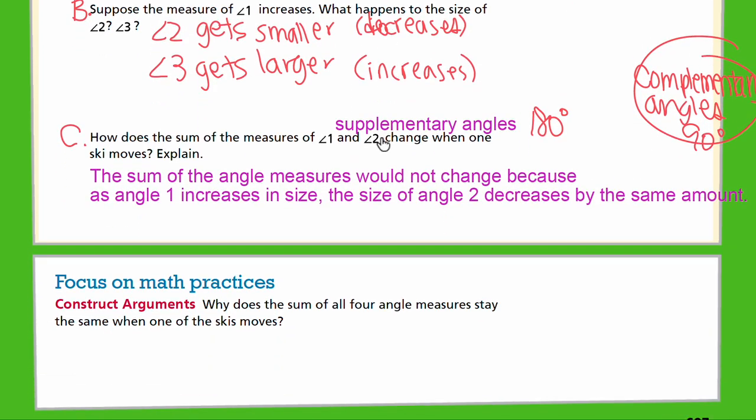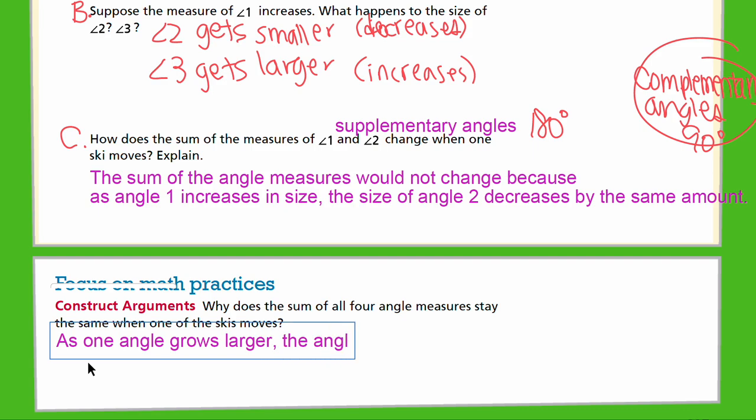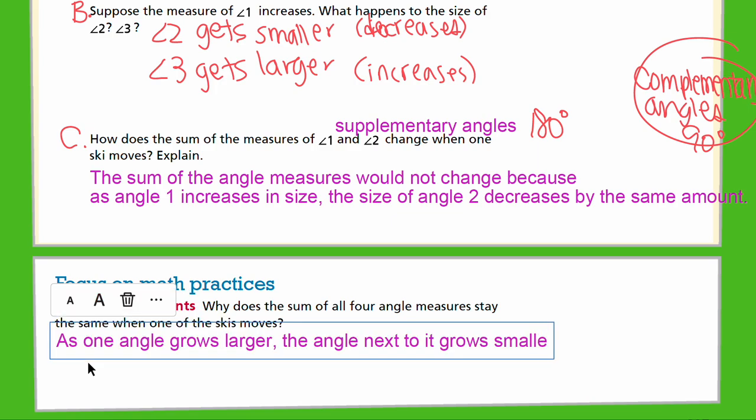As one angle grows larger, the other angle next to it grows smaller, if we're talking about two dimensions. So let's start writing that. As one angle grows larger, the angle next to it grows smaller by the same amount.